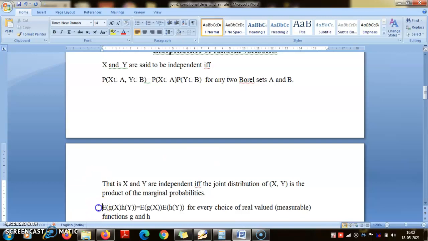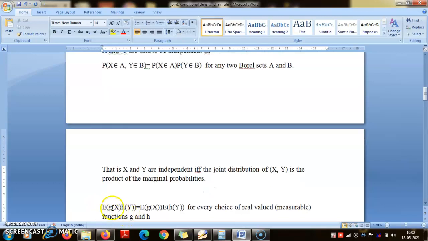And that means X and Y are independent. Now in particular, if you take g(X) equal to X and h(Y) equal to Y, then you get expectation of XY is equal to expectation of X into expectation of Y, but that is for only one particular choice of g.